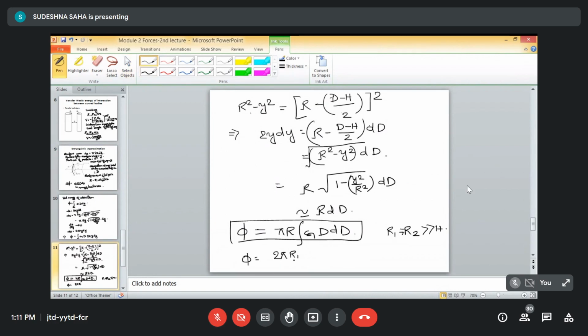And this is 2 pi R1 R2 divided by R1 plus R2, integral from h to infinity, g dd dt.